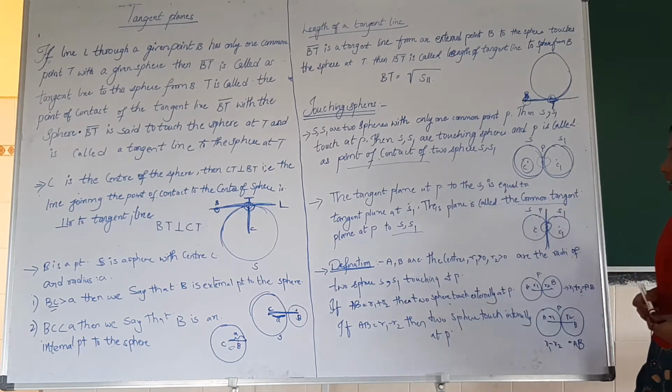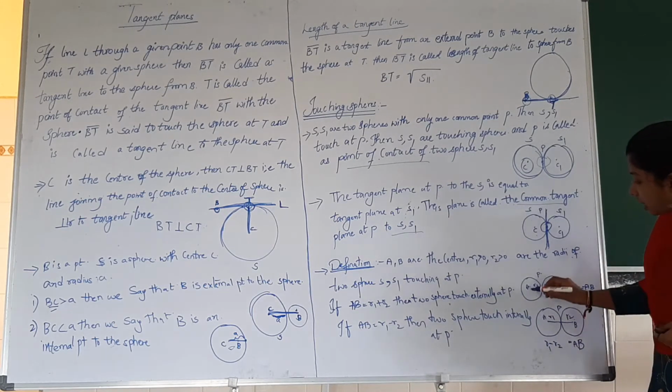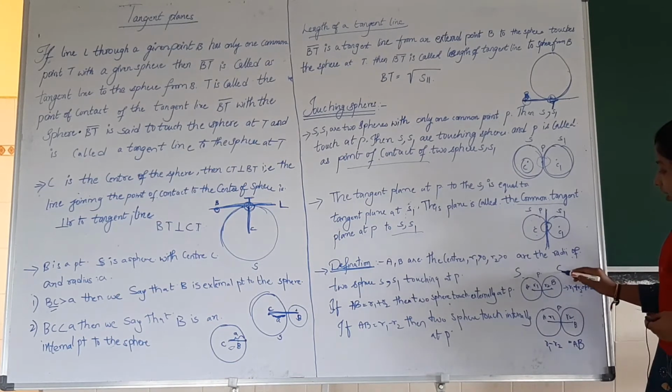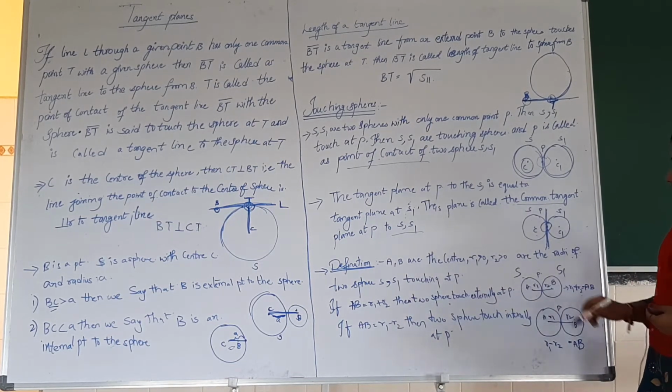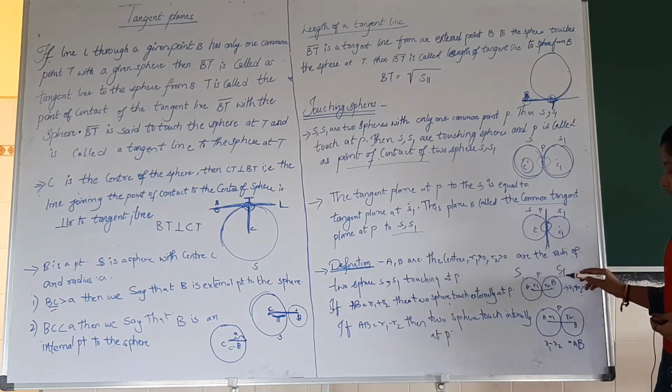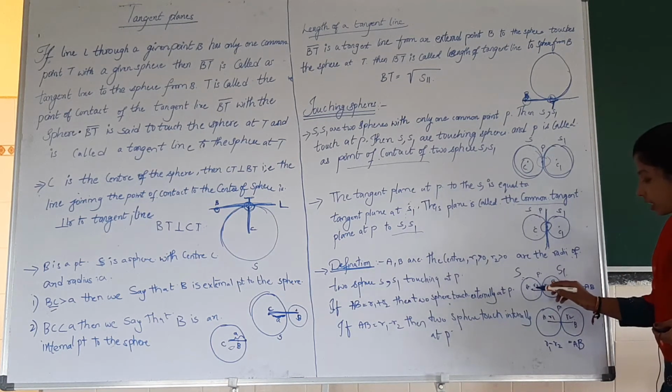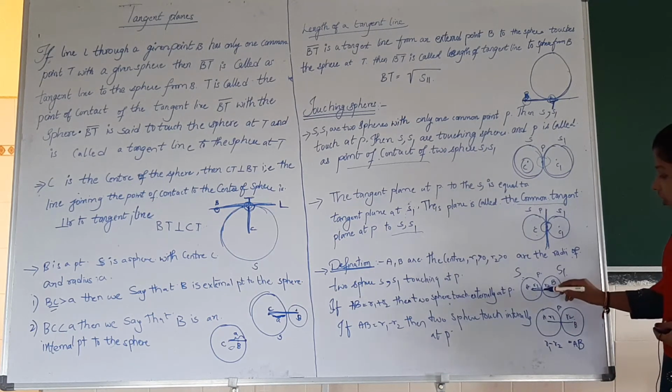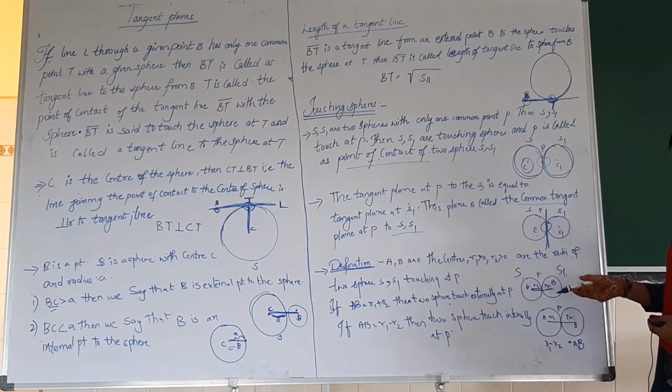Now the next thing. Here S is a sphere and S1 is another sphere. A is the center of S and B is the center of S1, and R1 is the radius of S and R2 is the radius of S1.